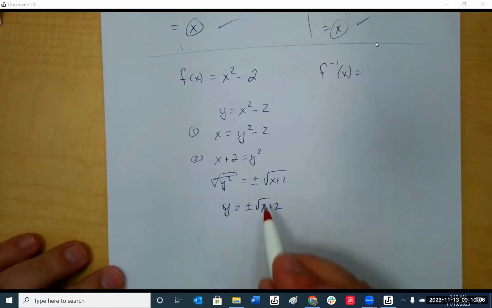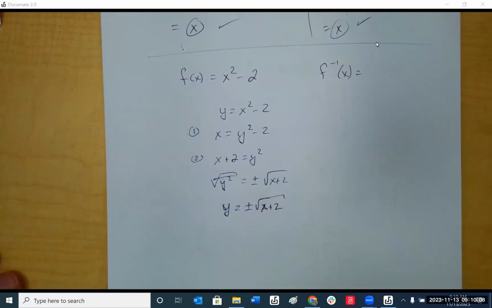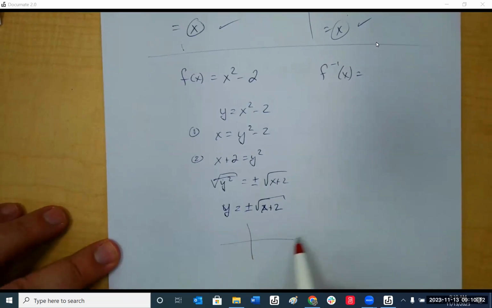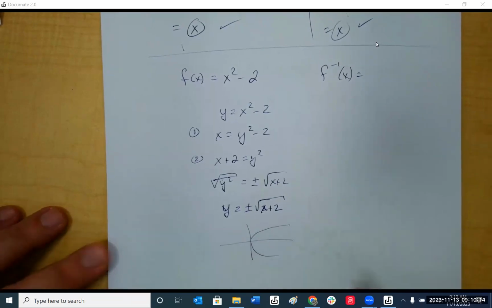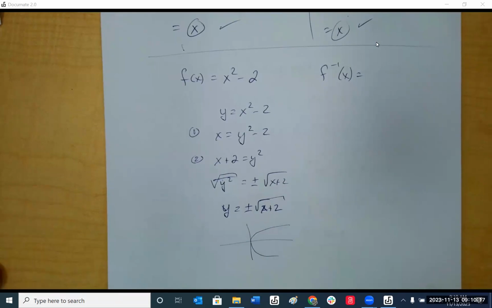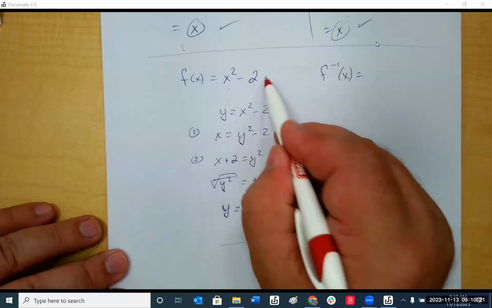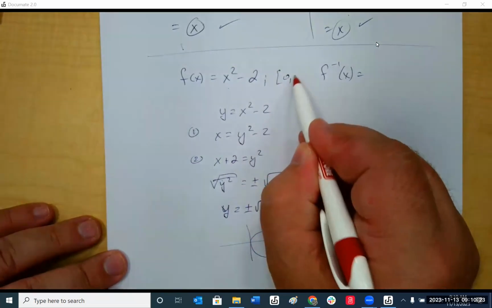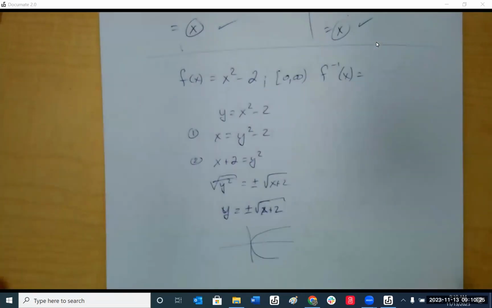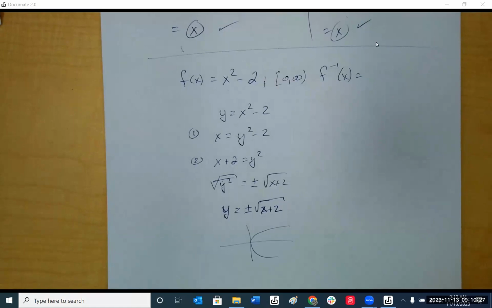We can limit the domain because of what this graph looks like. I could say the domain of this function, I only want positive values.